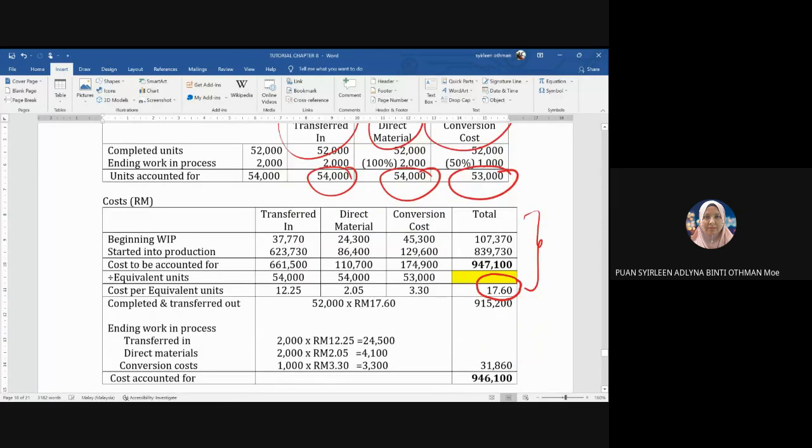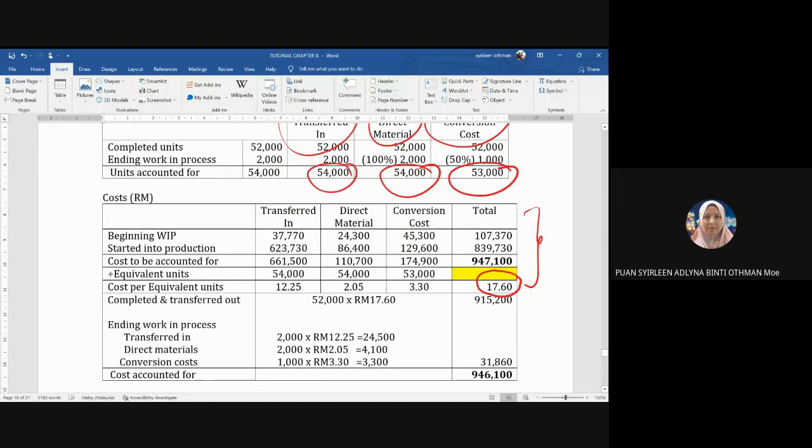So for costing we will get 946,100, while the one above is 947,100. Because when you divide the transferred in cost, this one is correct, we do get 12.25, right? Direct materials divided by 54,000 is correct. This one is 174,900 divided by 53.